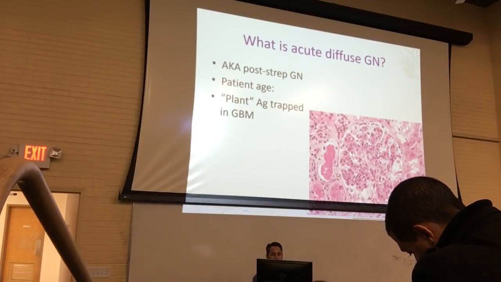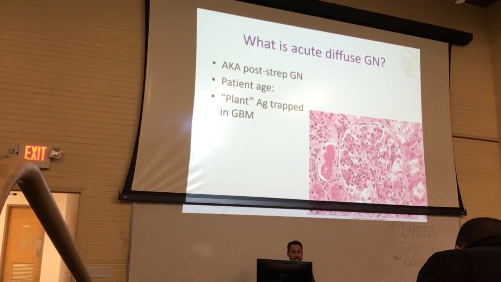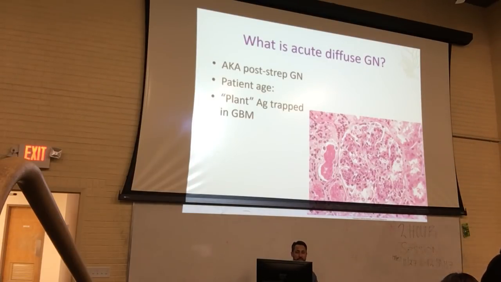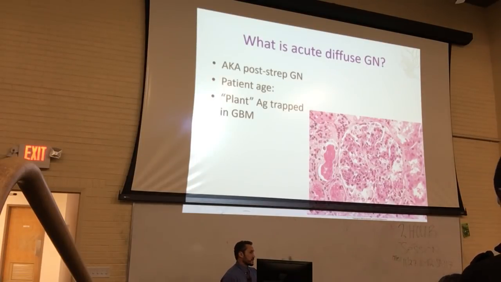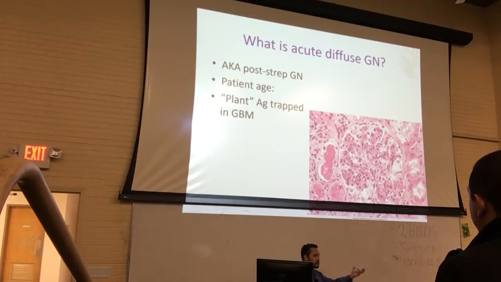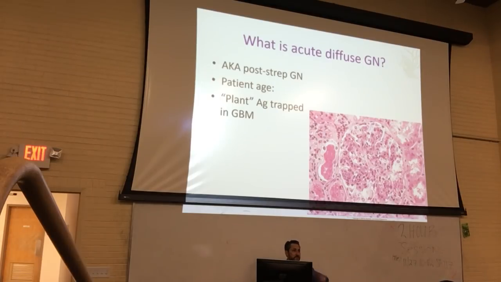It could be a staph infection, it could be pneumonia, it could be viral. But the idea is you've got an infectious agent, an antigen-antibody complex, that gets trapped in the glomerular basement membrane, a type 3 hypersensitivity, and it causes a local inflammatory event in that area.